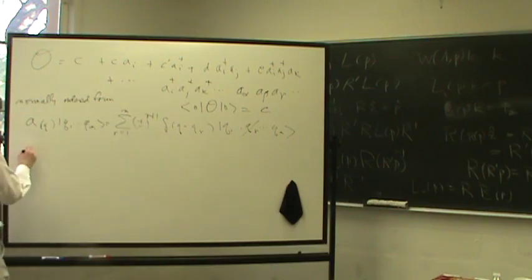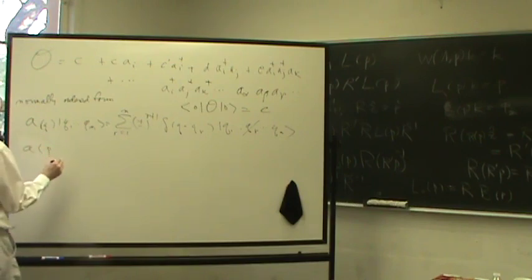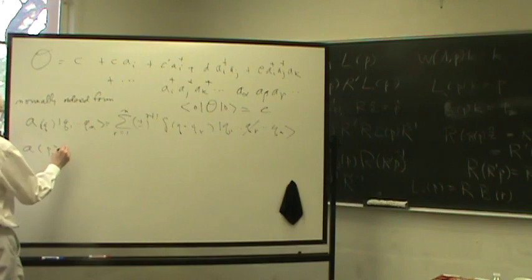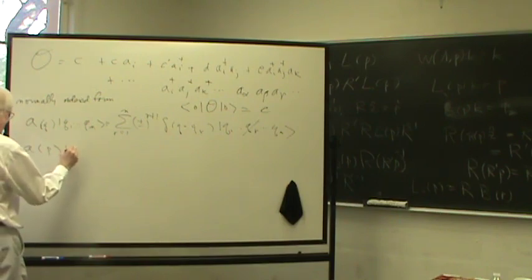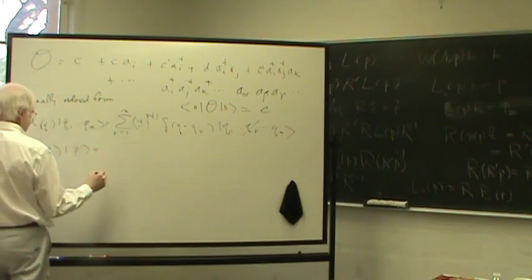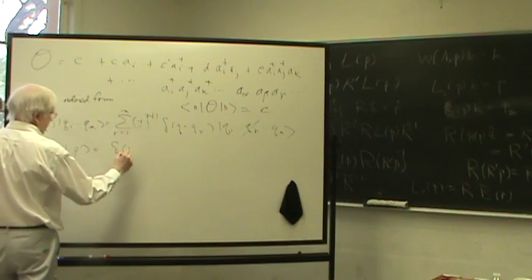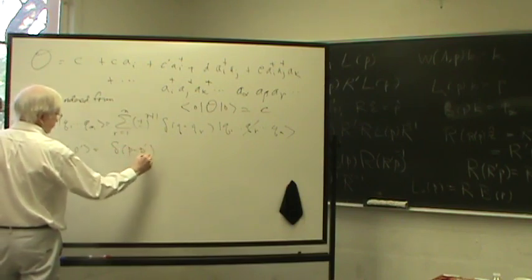So in other words, imagine we're just dealing with scalar particles. A of p on a state p prime is just delta of p minus p prime.